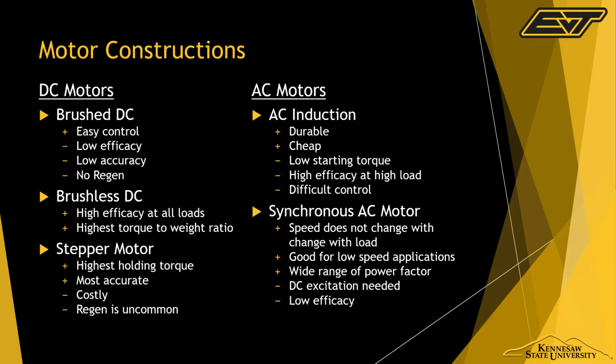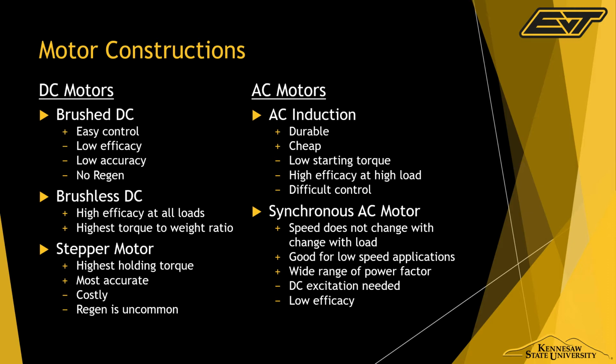I'm not really sure why that is. I really think that the brushless DC motor should be called just a regular AC motor because that's basically what it is. It's just like a permanent magnet AC, whereas the brush DC is a permanent magnet DC motor. But we'll go into what these are.